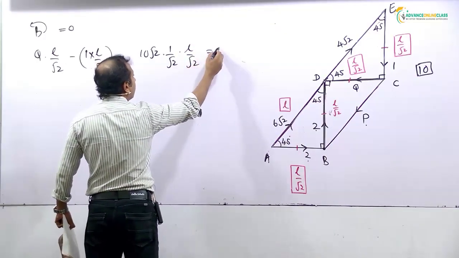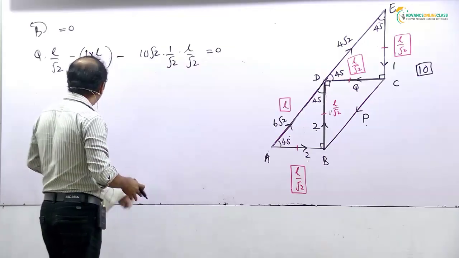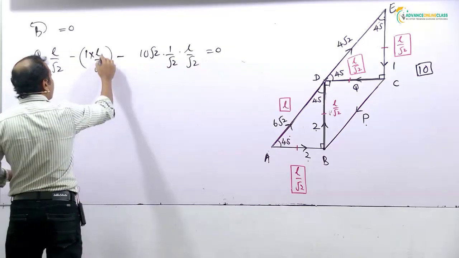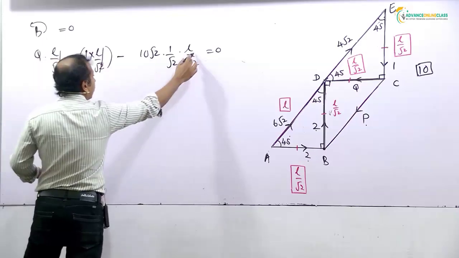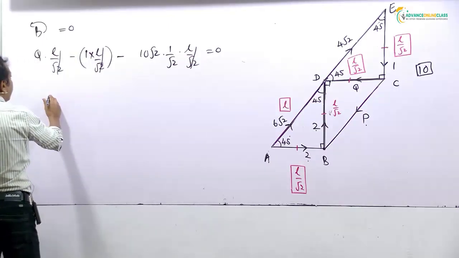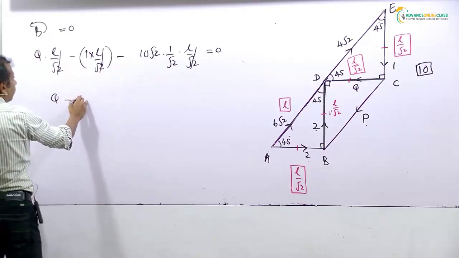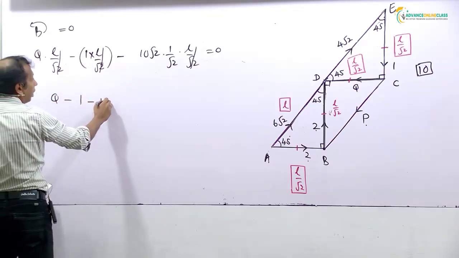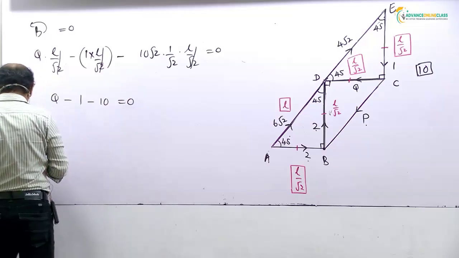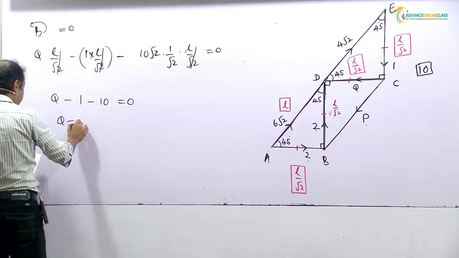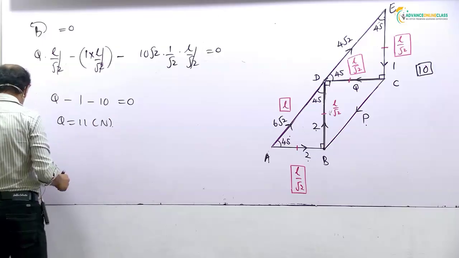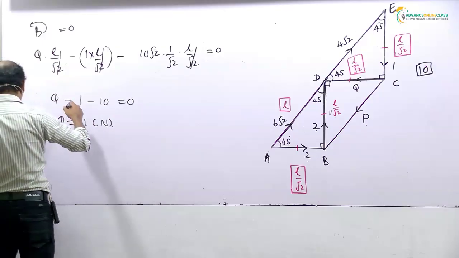L over root 2 should be equal to 0. Then, people, this L over root 2 we can cancel down everywhere, right? Then we get Q here minus 1, here 10 equals 0. We get Q as 11 newtons, right? The marks come in here.